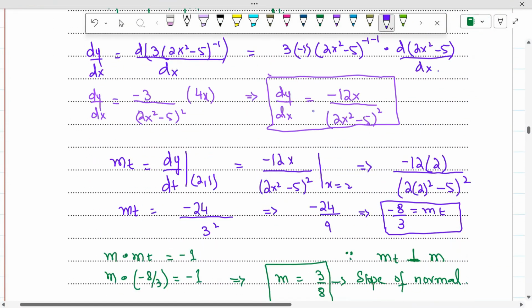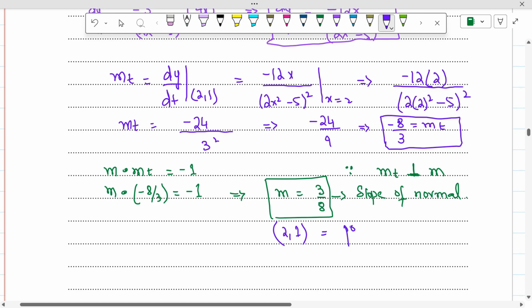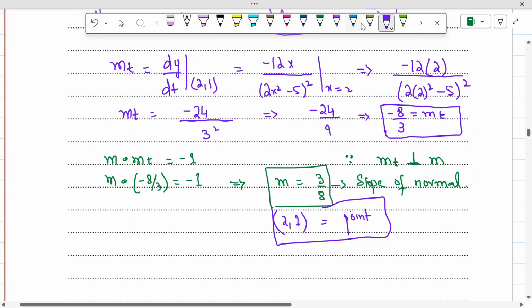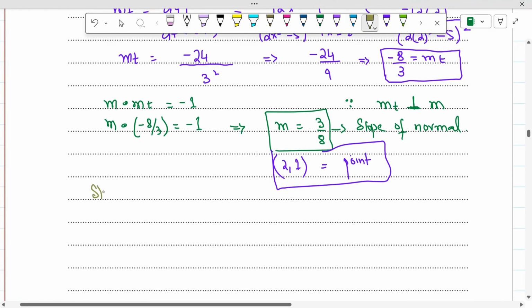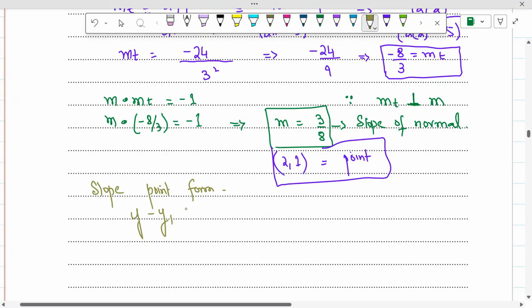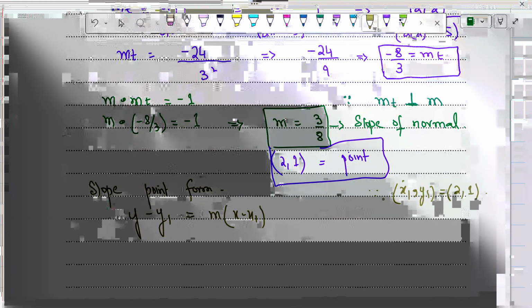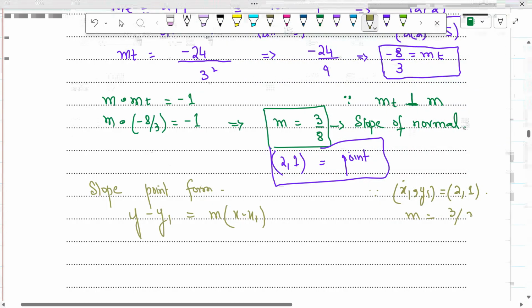We have the point (2, 1). So we can use this information to find the equation of the normal. By using the slope-point form, which is y minus y1 equals m times x minus x1, and in this case the point x1, y1 is given, which is (2, 1), and the slope is what we just calculated, which is 3/8.